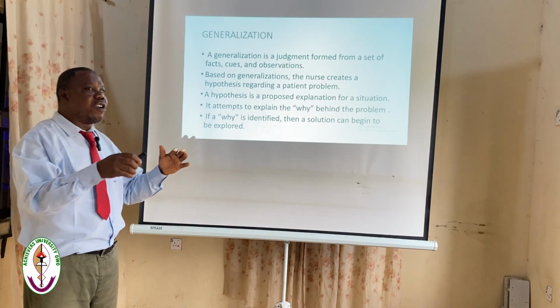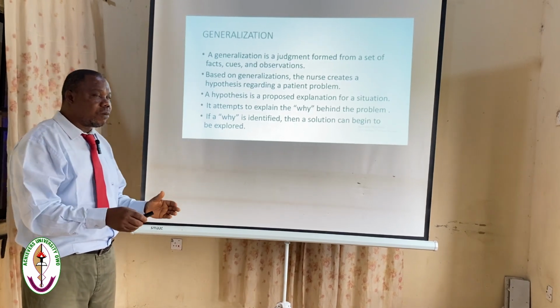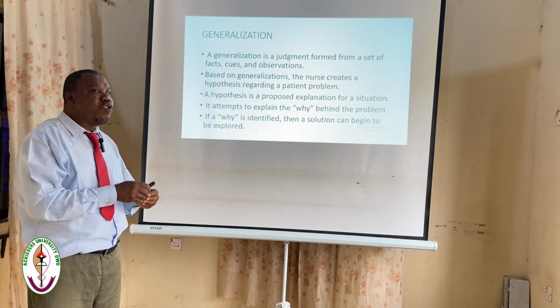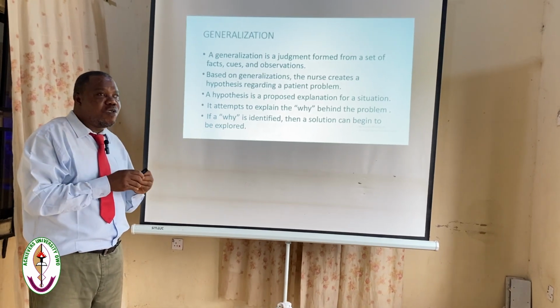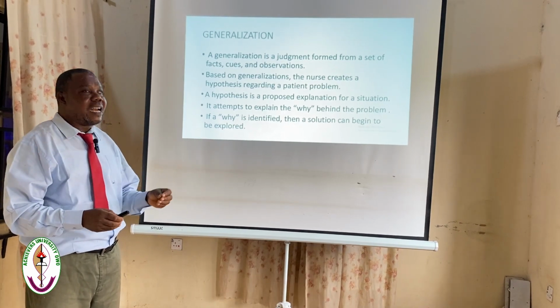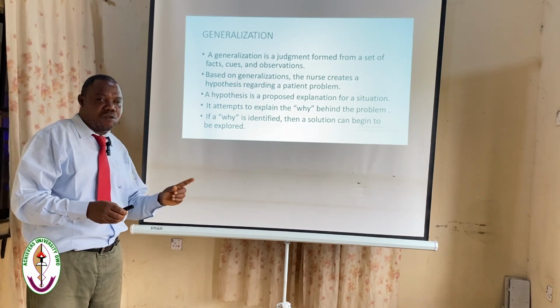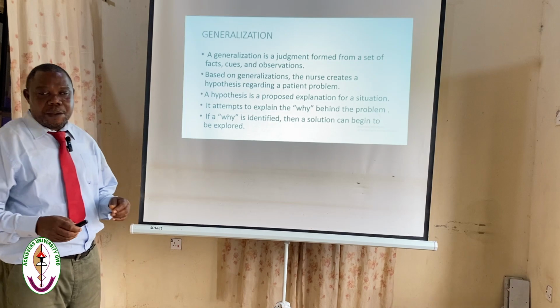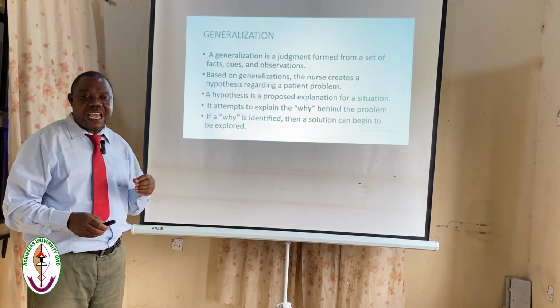When you have gathered your information, when you have gathered your cues, when you now put the related cues together, and then when you name it, you have made a generalization. That naming is what we call generalization, and then that is called nursing diagnosis, which forms the label of nursing diagnosis.